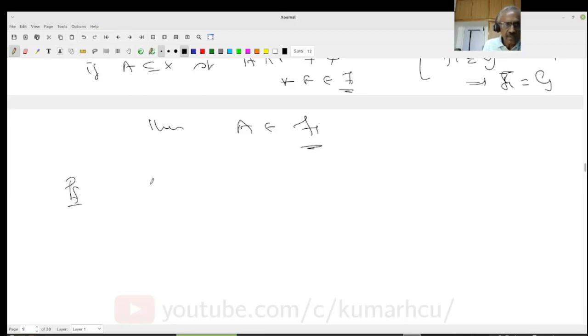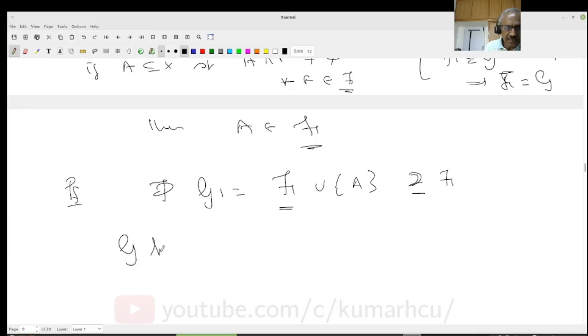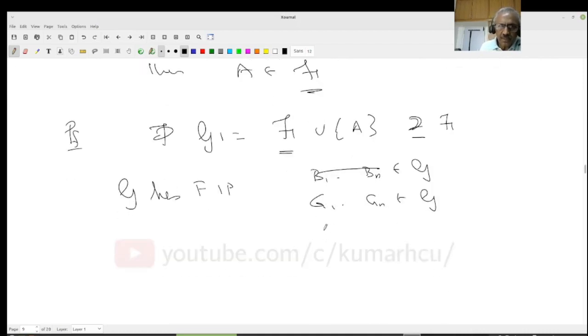Consider G equal to F union only this singleton A. Remember, this is a class of subsets, so I am adding one more subset. Now this contains script F. Is that clear? Next, I say G has FIP. Why? Suppose you give me G1, G2, ..., Gn in G. If all of G1 to Gn are in F, then the G1 intersection Gn is non-empty.